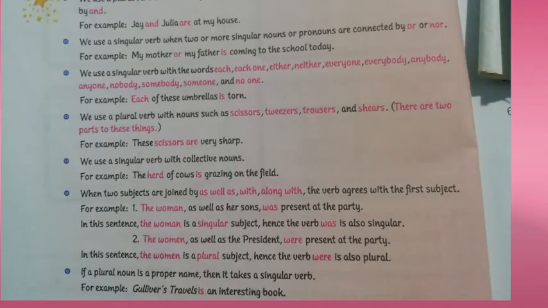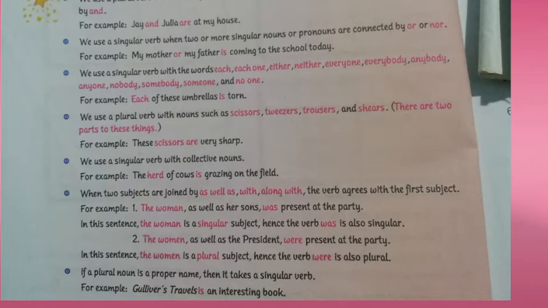Now we use a singular verb with the words each, one, either, neither, everyone, everybody, anybody, anyone, nobody, somebody, someone, and no one. For example, each of these umbrellas is torn.